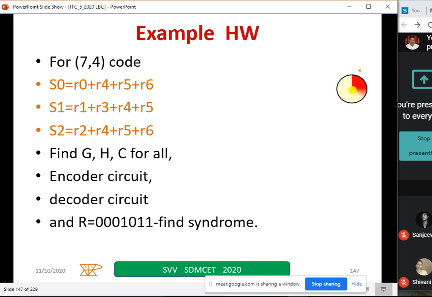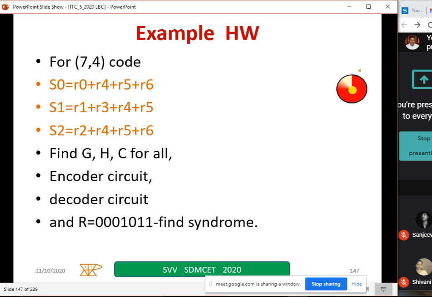S1 equals R1 plus R3 plus R4 plus R5. S2 equals R2 plus R4 plus R5 plus R6.